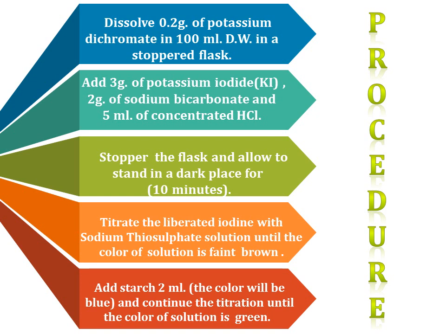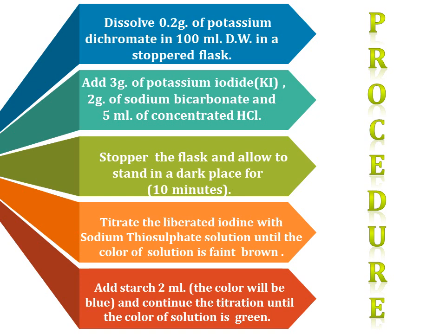Add starch 2 ml. The color will be blue. And continue the titration until the color of solution is green. Then calculate the normality. Potassium dichromate used as a primary standard in the standardization of sodium thiosulfate solution.